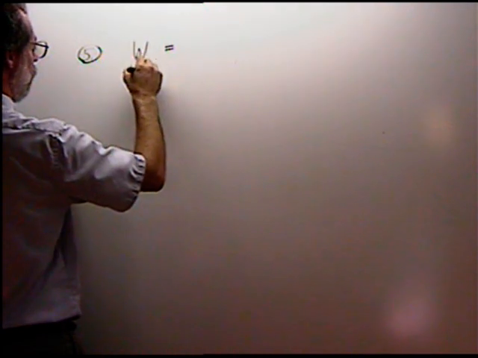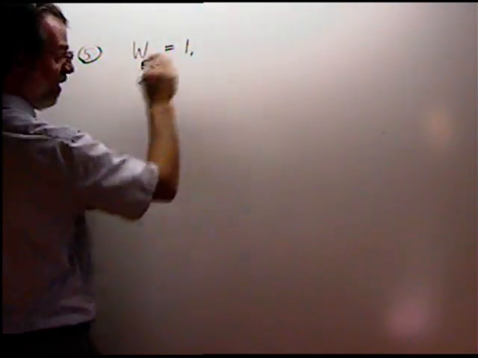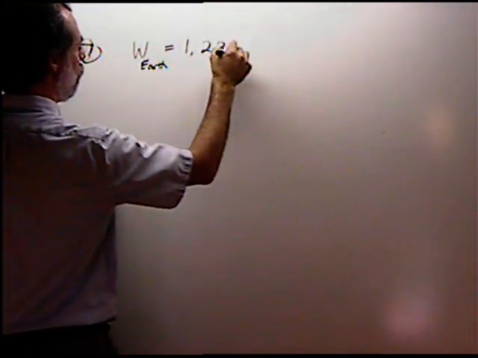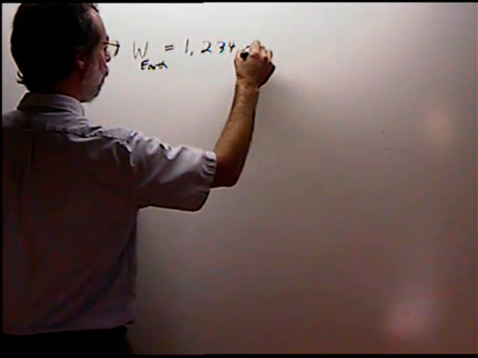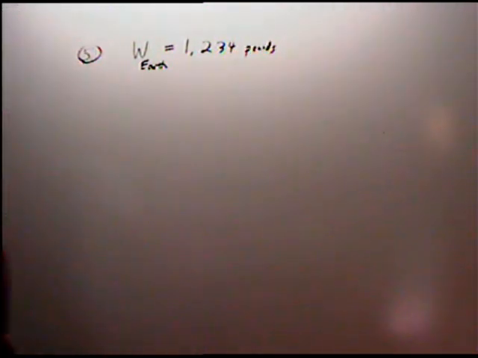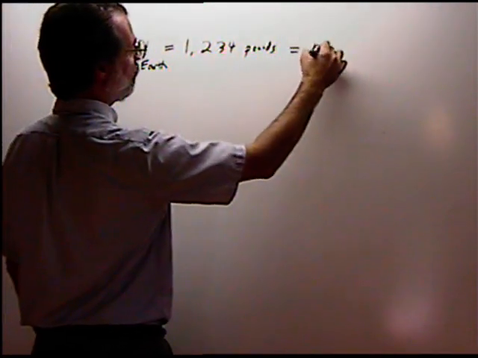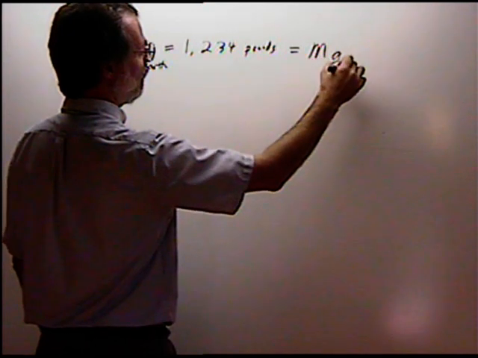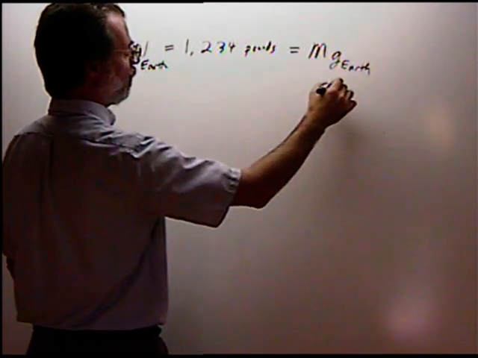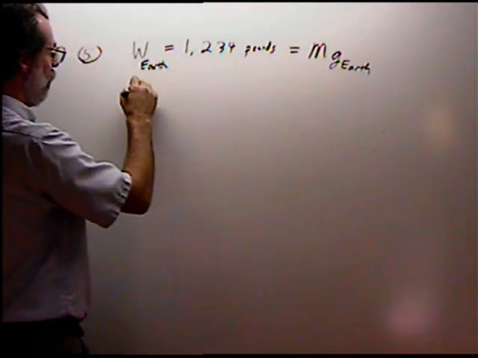The weight on Earth is 1,234 pounds. Now, remember, on Earth, this is equal to the mass times the gravity on Earth, and Earth gravity is 9.8. We know what that is.